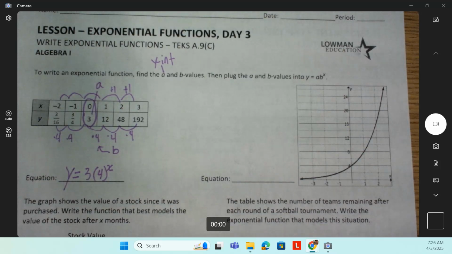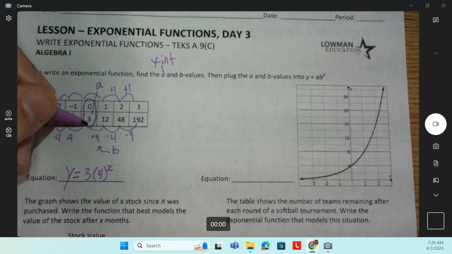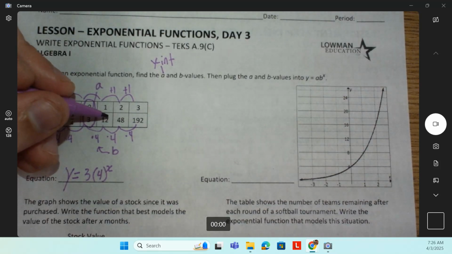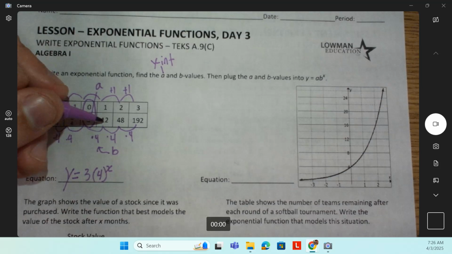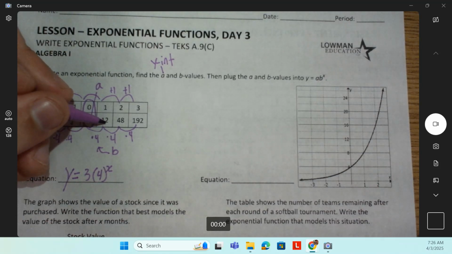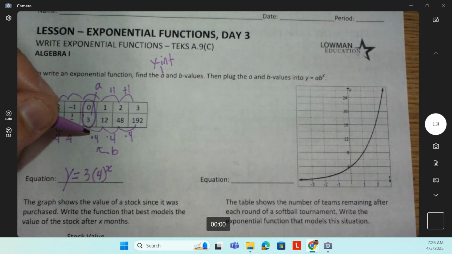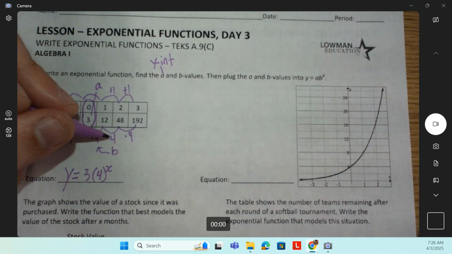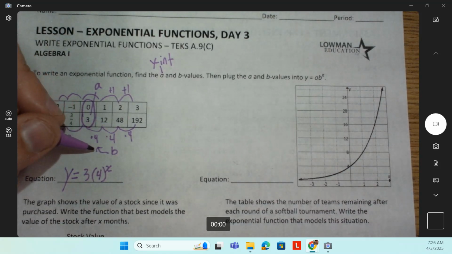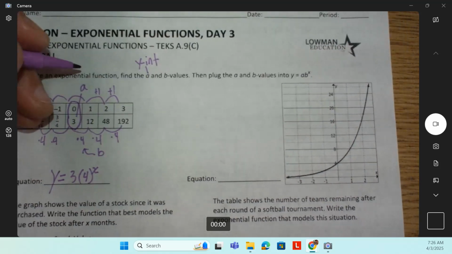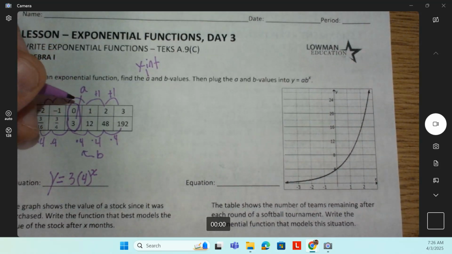So if you happen to look and say going from 3 to 12 would be adding 9, and from 12 to 48 would be adding 36, then still going from 9 to 36, that's a change of multiplying by 4. So however you look at it, you get a multiple of 4.